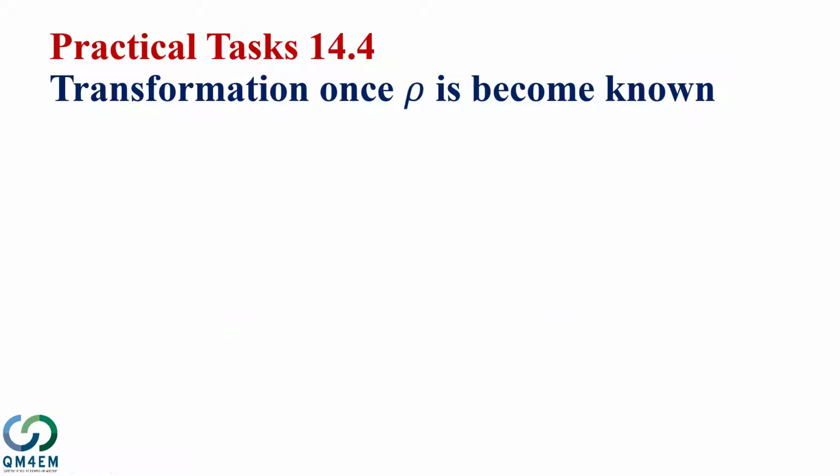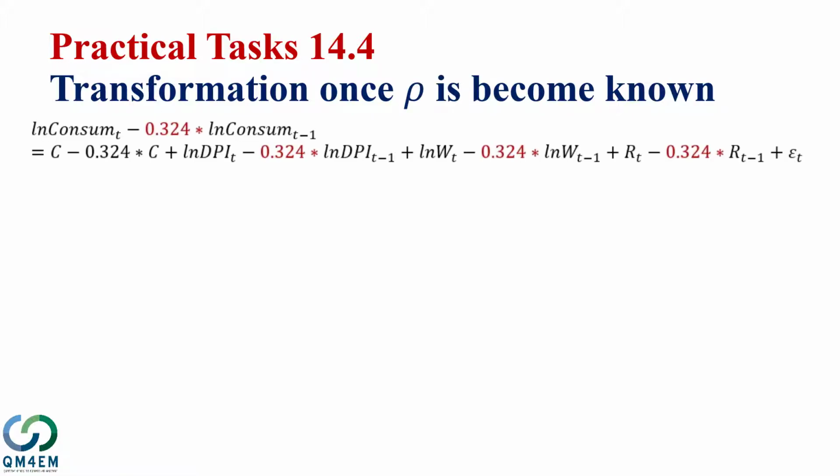In practical task 14.4, transformation, once rho is known, we have the same model: log of consumption in period T minus 0.324 multiplied by log of consumption T minus 1, and similarly we do the same for the constant, for the DPI, for wealth, and for the rate of interest.